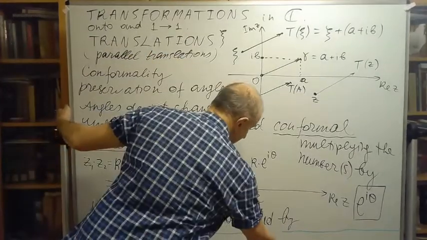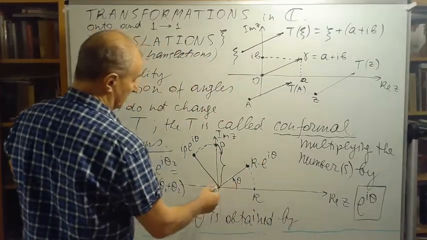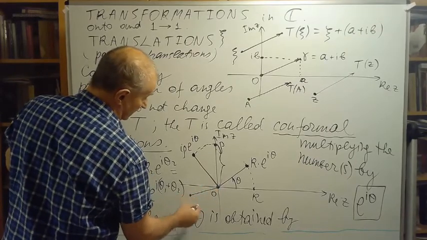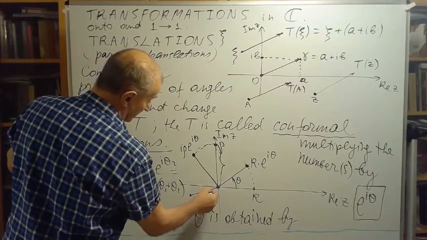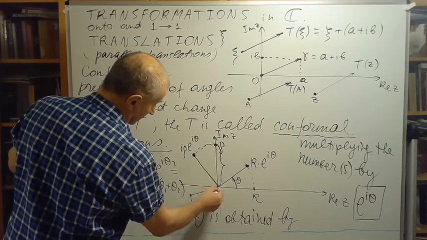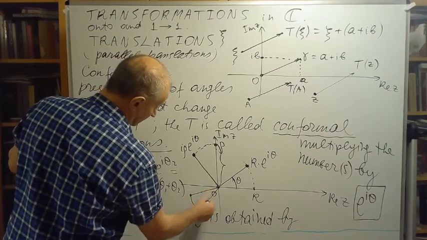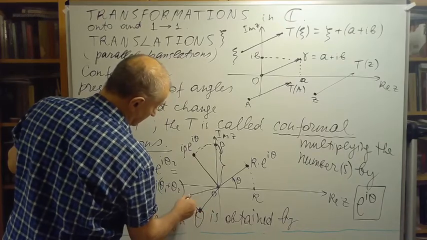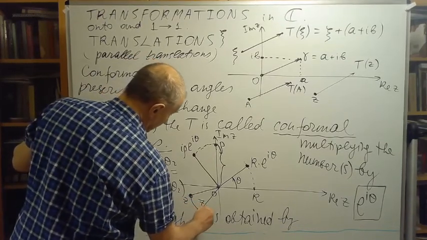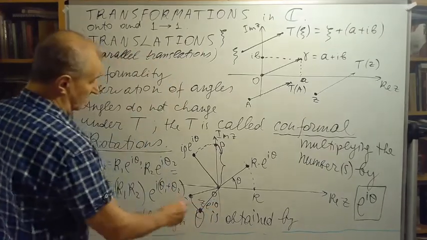What about some other number? The same story with this number. Just rotate this vector connecting the number with the origin through angle theta, and you will obtain this number. So if this is z, e to the power i theta.